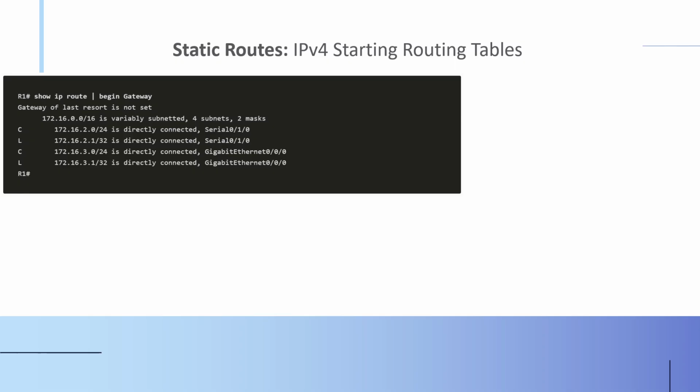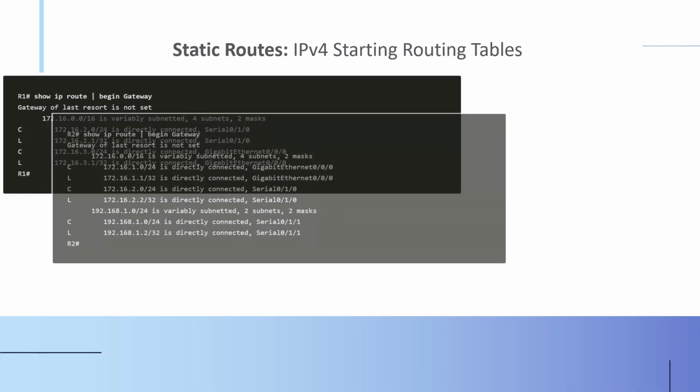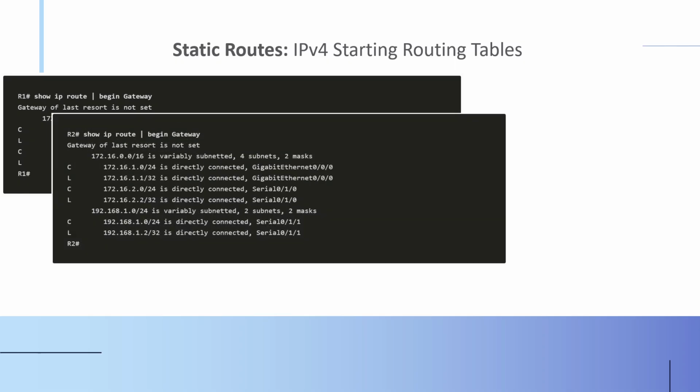And we have the local routes, which also describe the IP address of the interface connected on that line.